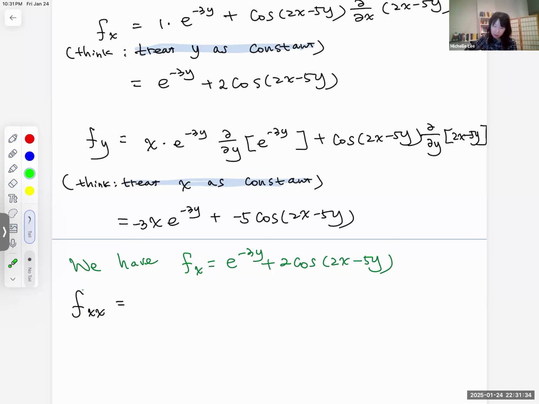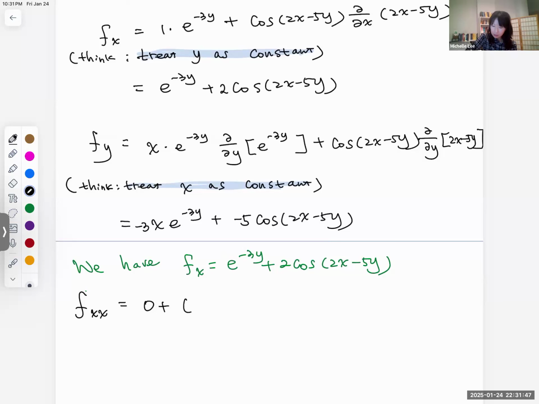This one is 0. And we have 2 cosine, whose derivative is negative 2 sine of 2x minus 5y, with the partial derivative with respect to x by chain rule.